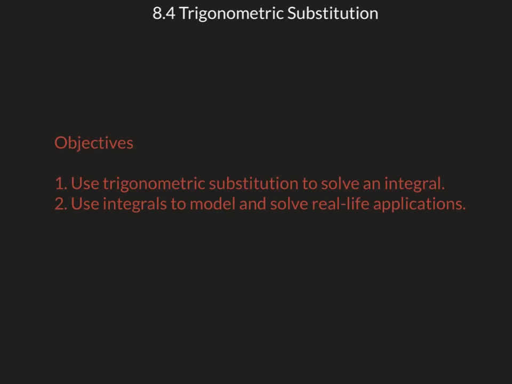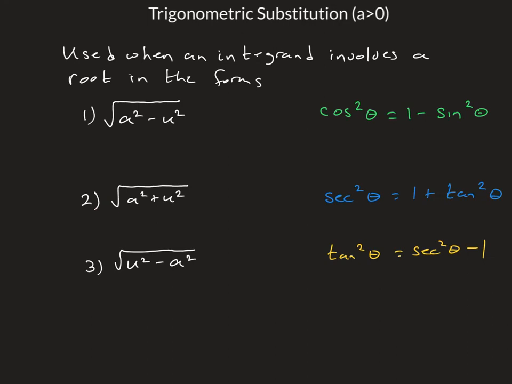Okay, let's take a look at this. We're going to be using integrals where the integrands involve square roots, and the roots are going to be in one of these three forms: the square root of a squared minus u squared, the square root of a squared plus u squared, or the square root of u squared minus a squared.